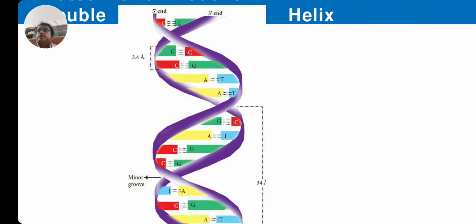Because thymidylate is only found in DNA, not found in RNA, so the prefix deoxy is not applied, and it is generally abbreviated as thymidylate.